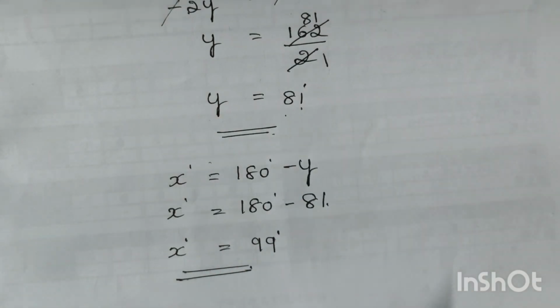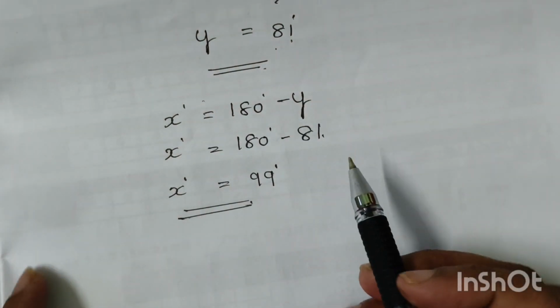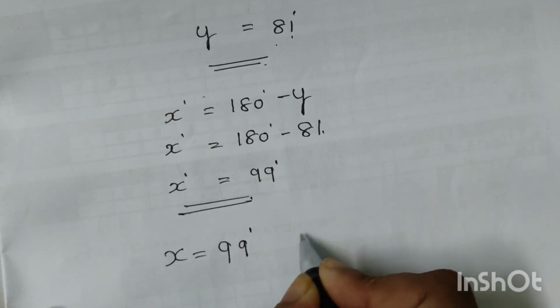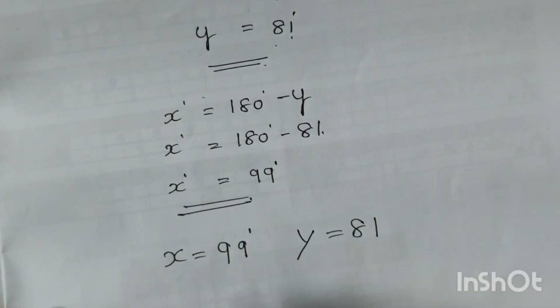Therefore, the two angles are x is 99 degrees and y is 81 degrees.